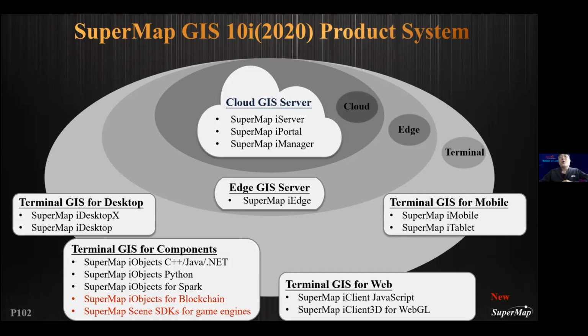On the mobile side, we have iMobile, which is an SDK, and iTablet, which is an app. For web, we have iClient JavaScript and iClient 3D for WebGL. iClient JavaScript is mainly focused on 2D, and iClient 3D for WebGL is mainly focused on 3D.